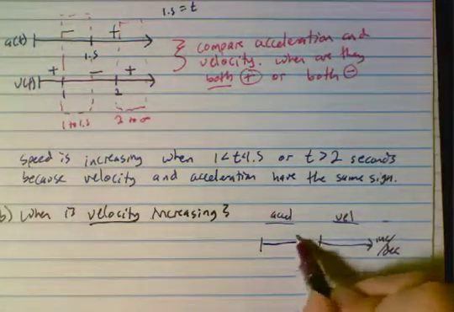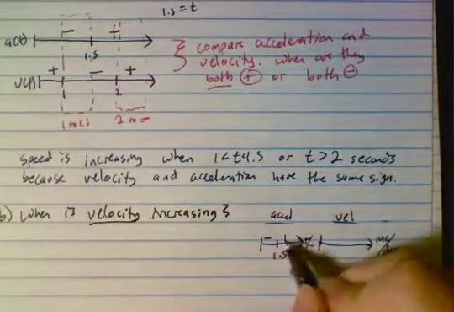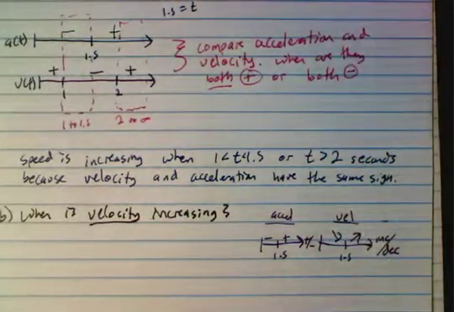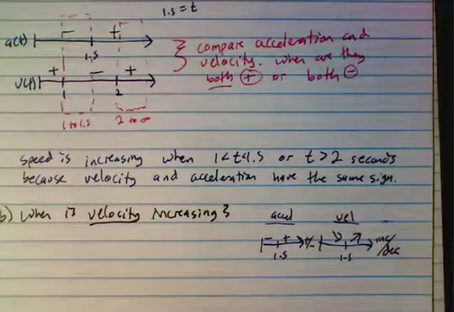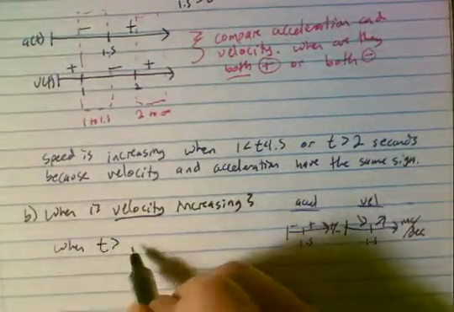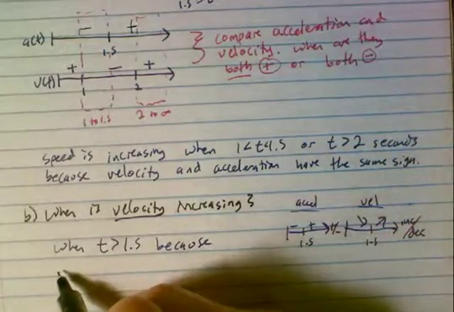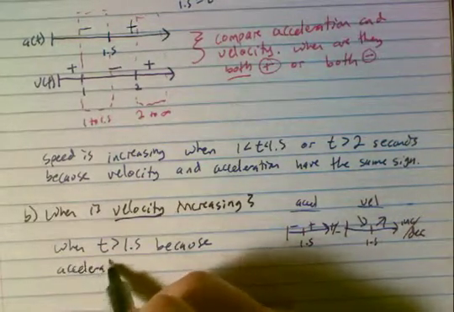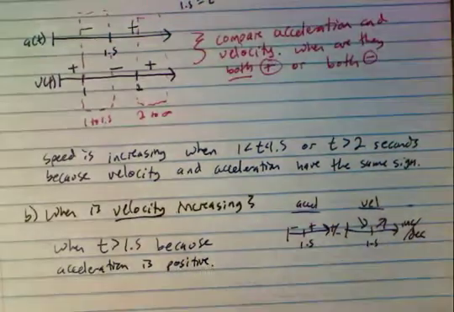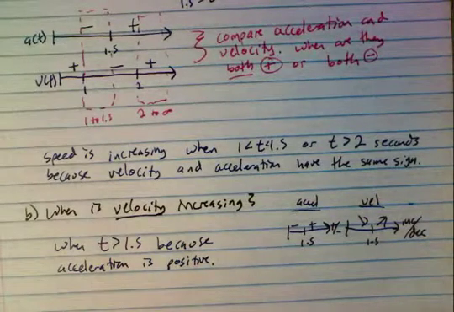That corresponds to acceleration being positive, negative. We found this already. Velocity is increasing. We just read that off the chart when t is greater than 1.5. Asking about velocity versus asking about speed are two very different things.